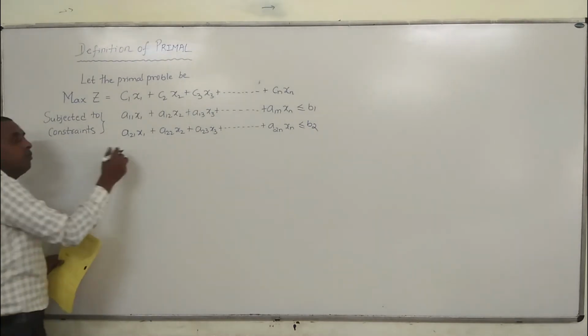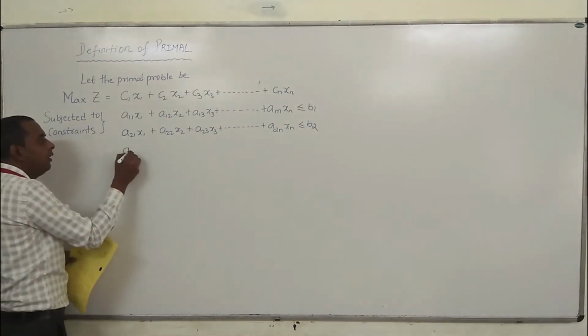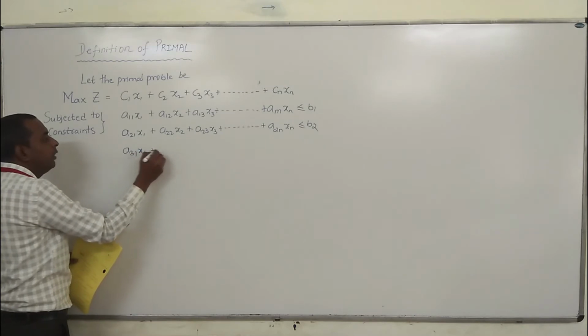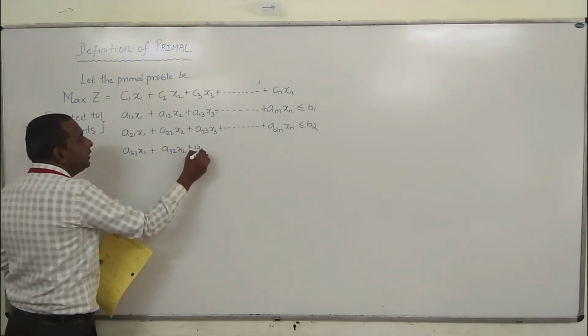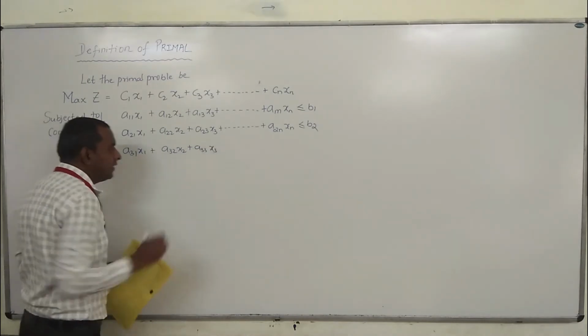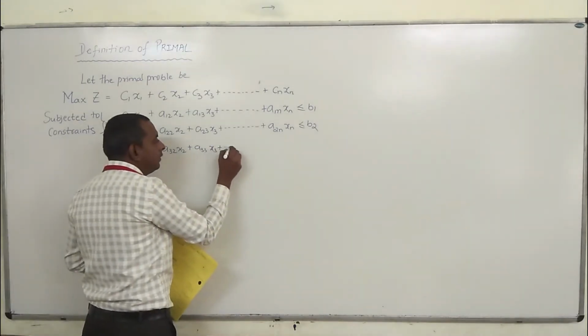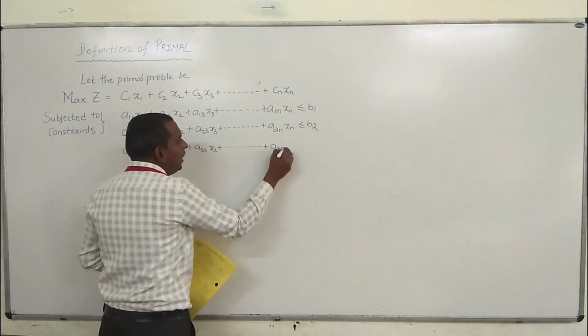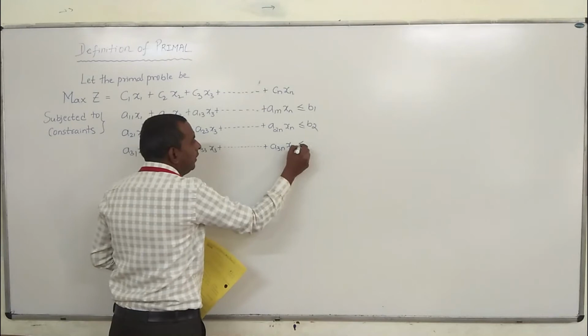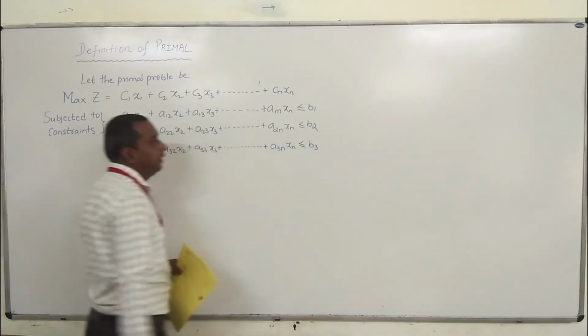In the same way, a31 x1, a32 x2, a33 x3 plus a3n xn less than or equal to b3.